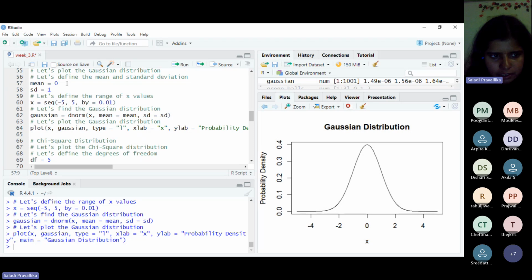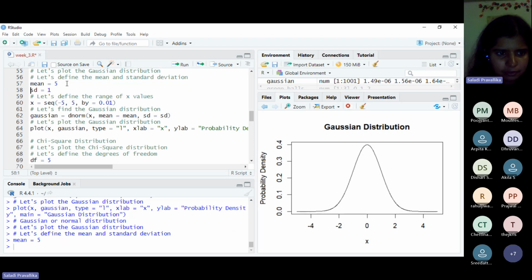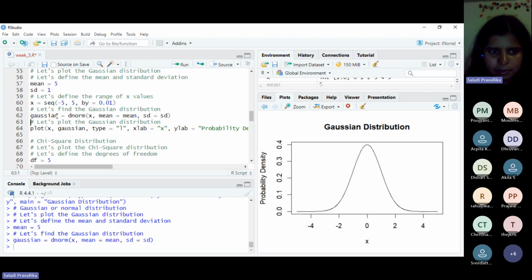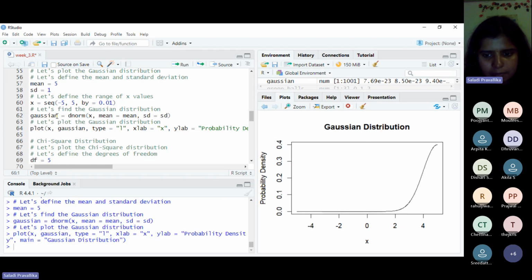Now let me change the mean value to 5. And I'm keeping the standard deviation the same, x value the same, everything the same. I'm just running the Gaussian distribution again. Okay. And then let me plot it and see, the distribution has changed, right?